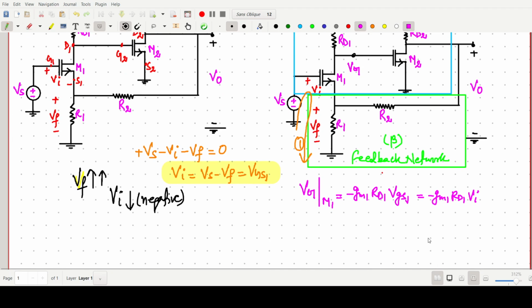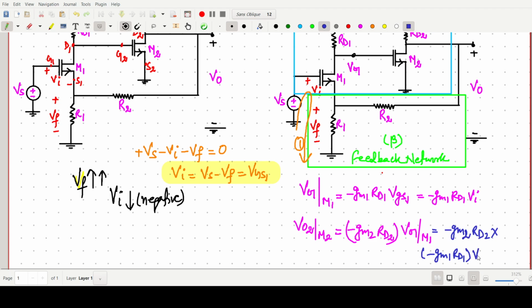Now the output V naught 2 at the M2 transistor, for which V naught 1 acts as the input, will be minus gm2 rd2 into V naught 1, that is gm2 rd2 into minus gm1 rd1 into Vi.